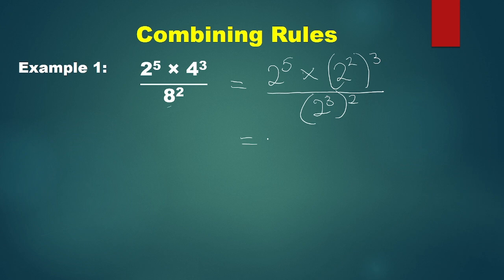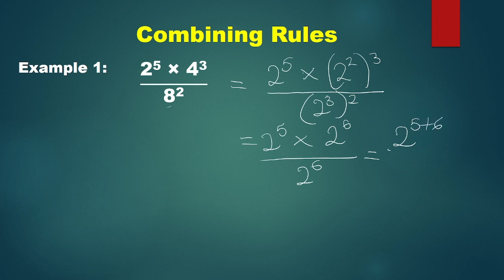Now, I have 2 raised to the power 5 multiplied by, if I apply a law, 2 raised to the power 6. That is, multiplying the powers gives me 6, all over 2 raised to the power 6 as well. Now, applying my product law, I can say 2 raised to the power 5 plus 6 divided by 2 raised to the power 6.